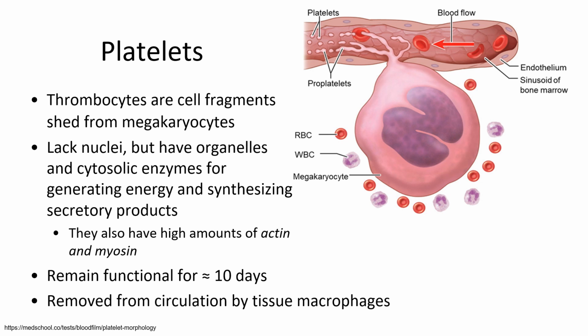Platelets. So platelets, remember that another word for platelets is thrombocytes. Platelets are cell fragments that are shed from megakaryocytes. Remember megakaryocytes, mega meaning big, karyo meaning a nucleus, cyte meaning cell. So these are really big cells that have a lot of nuclei within them.